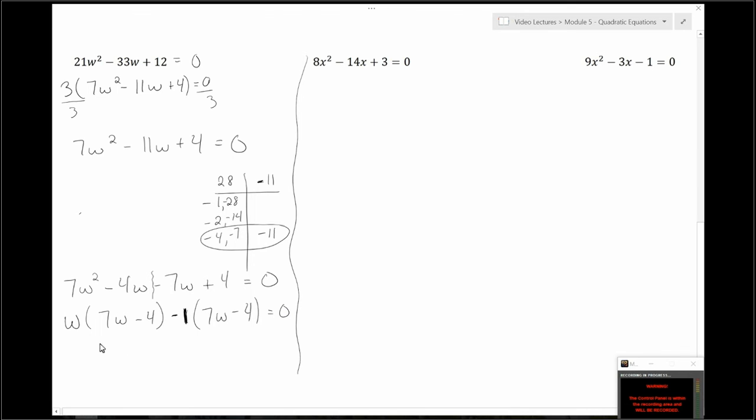Well, that means I have (7w minus 4)(w minus 1) equals 0. And now I can set them equal to 0 separately and solve. So this would be adding 4 and dividing by 7. So I'd have my 2 solutions here.